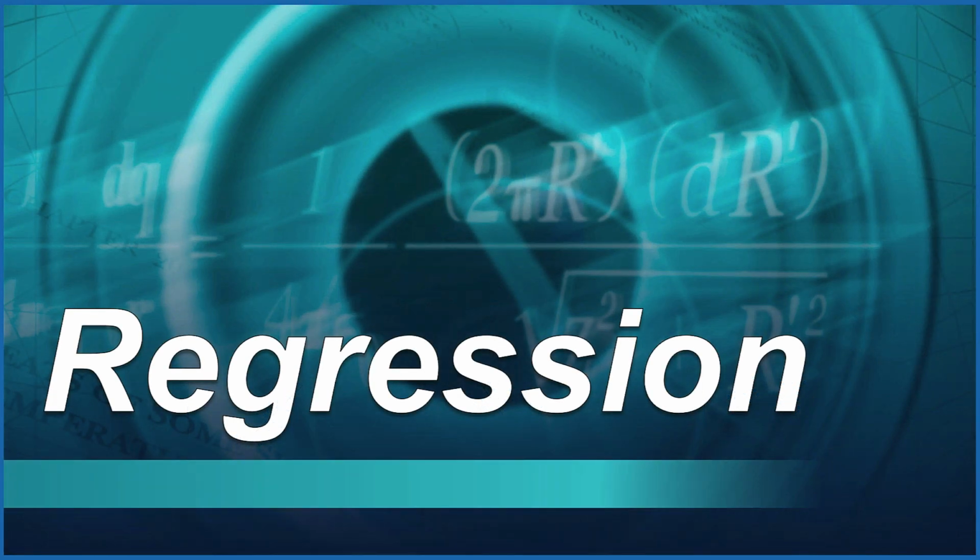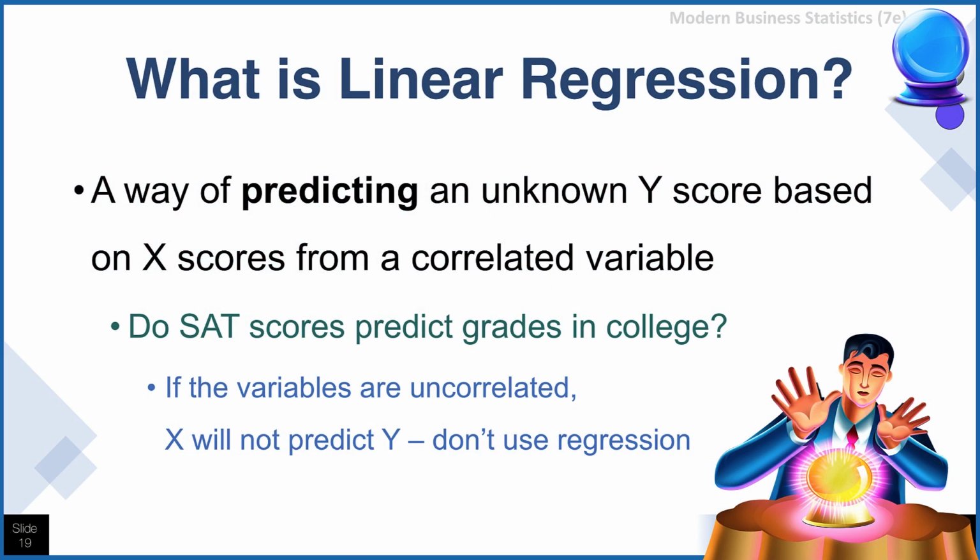If there is a relationship between the variables, we can use that relationship for prediction, and that is what we call simple linear regression. It is a way of predicting an unknown y score based on x values from a correlated variable. Perhaps we're interested in whether SAT scores predict grades in college.